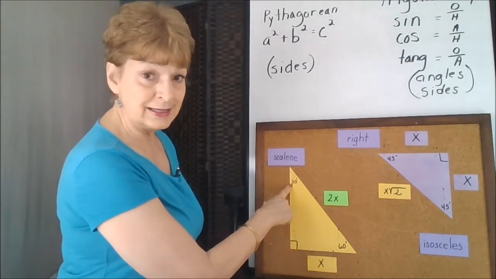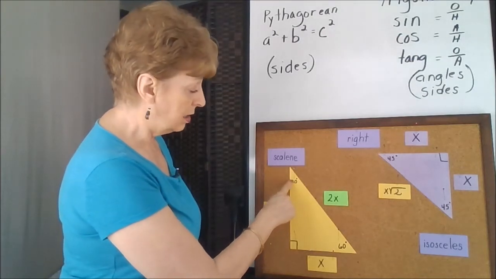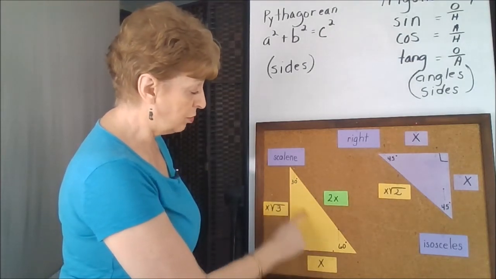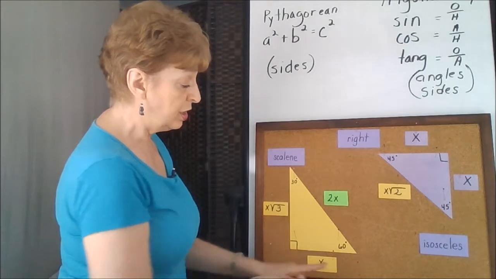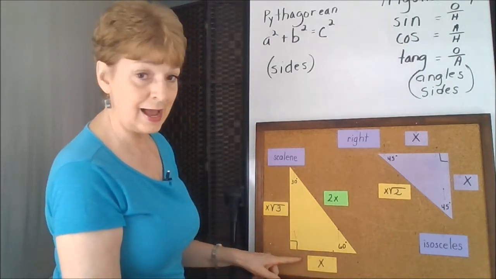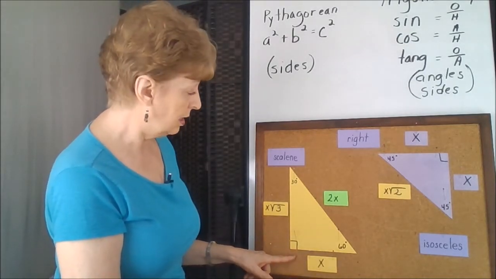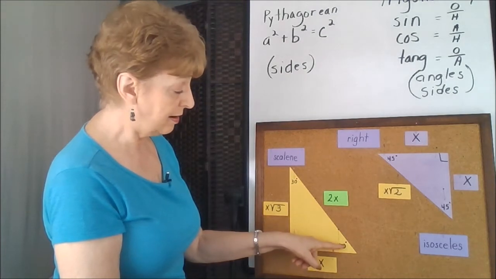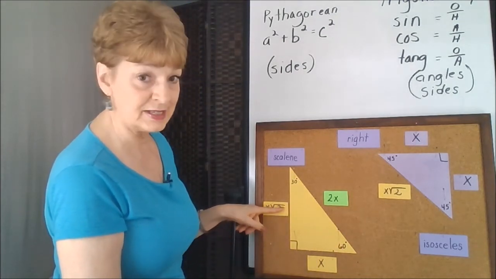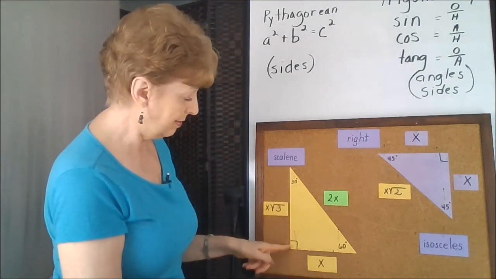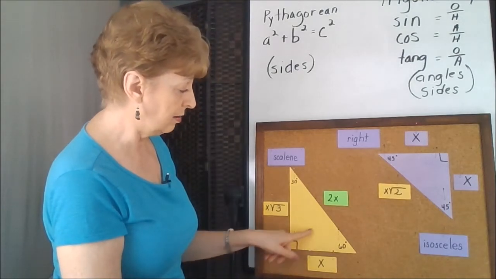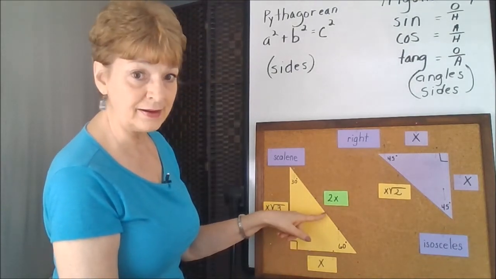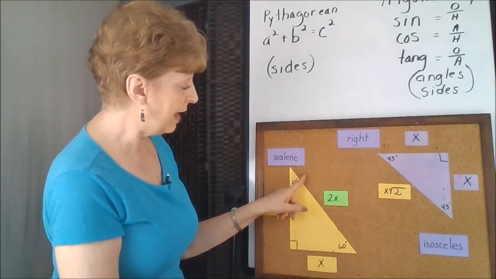The smallest angle in a triangle, if you go directly across from the smallest angle, you will find the smallest side measure of the triangle. The second largest angle gives you the second largest side length, and the 90-degree angle always gives you the hypotenuse in the right triangle, and that would be the largest.